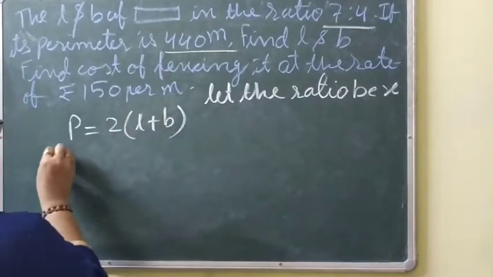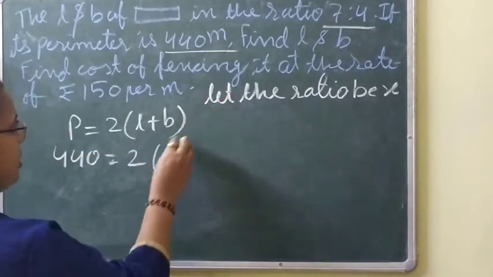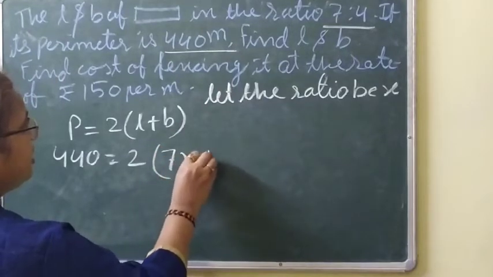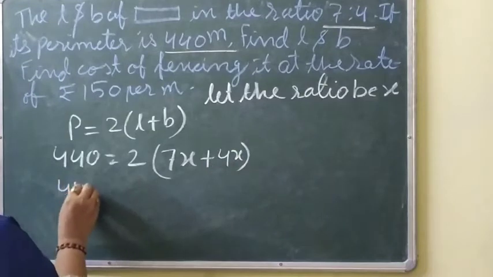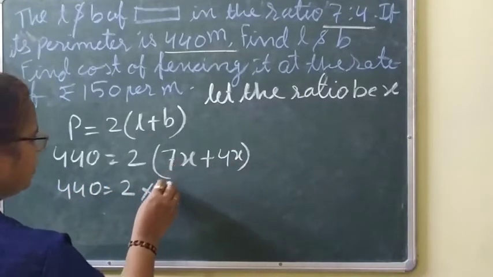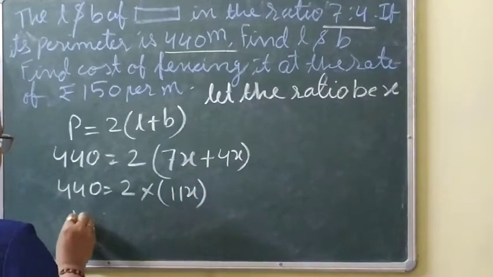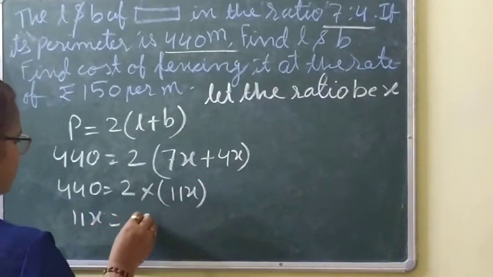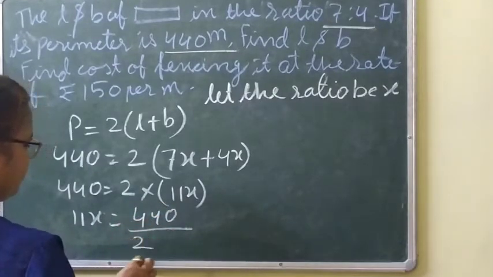So perimeter is 440. Then in place of l we can write 7x, in place of b we can write 4x. So 440 is equal to 2 into what? 11x. And so 11x will be equal to what? 440 divided by 2. Clear?